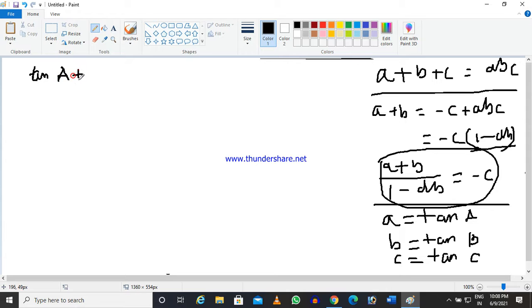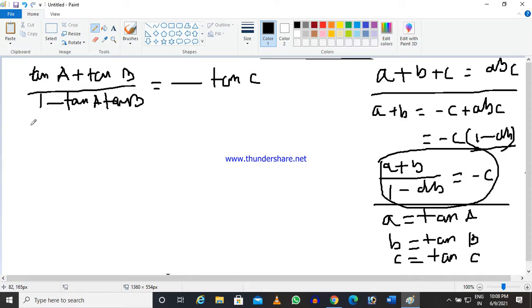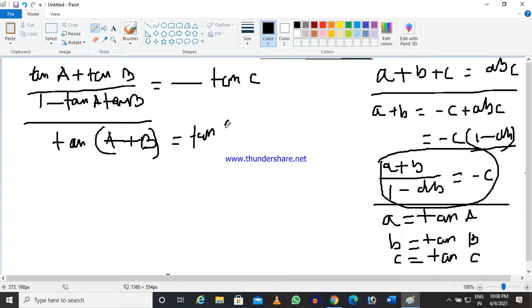Tan A plus tan B divided by 1 minus tan A tan B is equal to minus tan C. This is tan of A plus B, and minus tan C is equal to tan of minus C. So we can tell that A plus B is equal to minus C. So that means A plus B plus C is equal to 0.